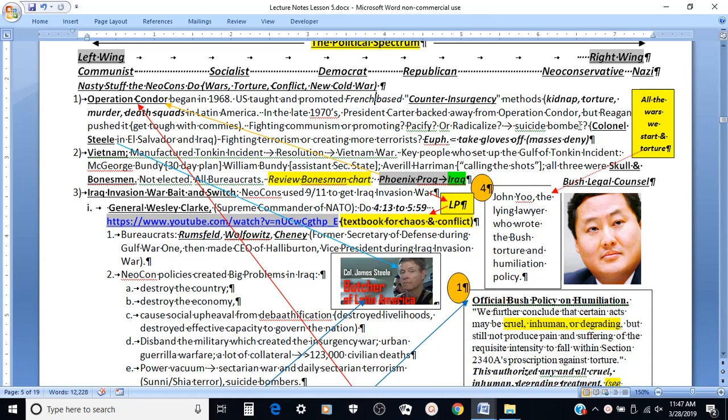So, one example of a guy who was in a mobile training team, the guy who commanded the mobile training team in El Salvador in the 1980s, was Colonel James Steele. He was later handpicked by Donald Rumsfeld to be in charge of the U.S. liaison for the Shia militia in Iraq. And then they started using the same counterinsurgency methods: kidnap, torture, murder, death squads.